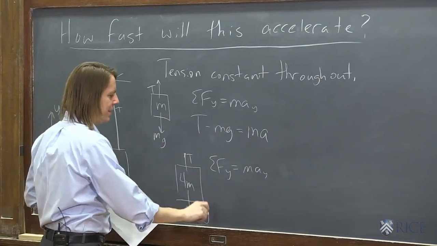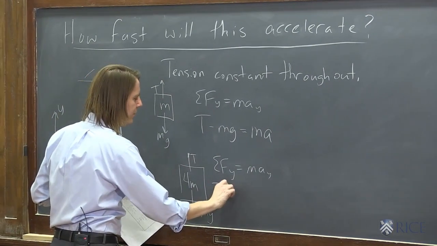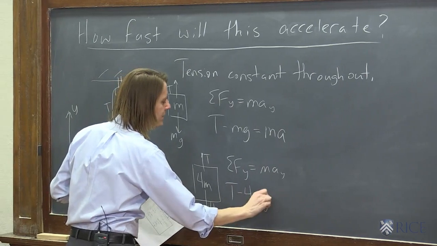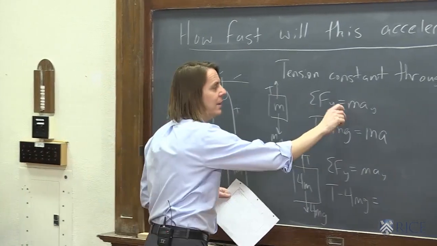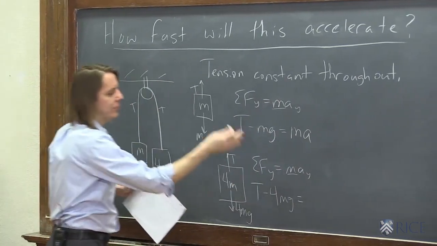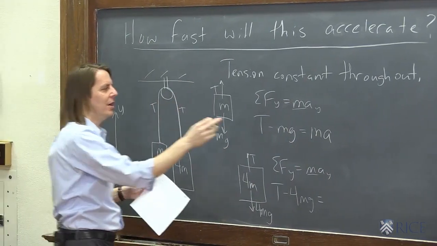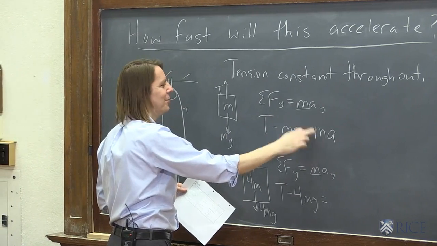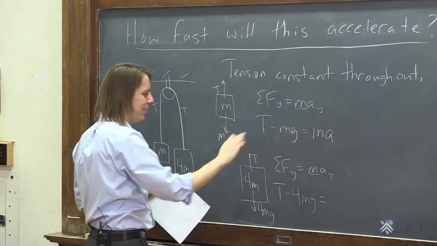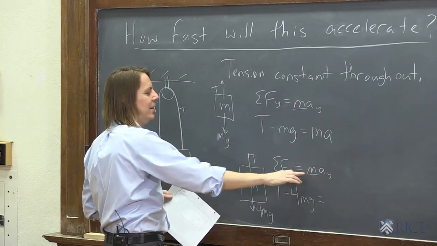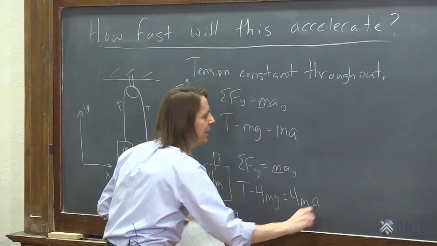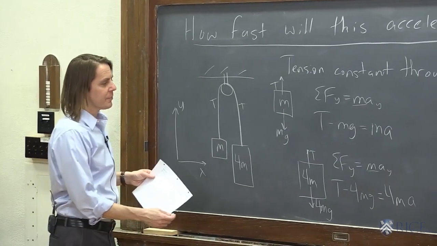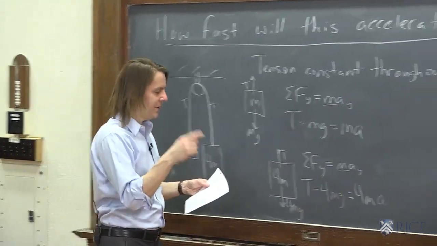In this case, tension pulls up minus 4mg down equals 4m times a. Here, the general mass from Newton's second law, I'm plugging in 4m. Sorry, that got a little ambiguous. And it's the same a, except it's negative. It's in the negative direction.